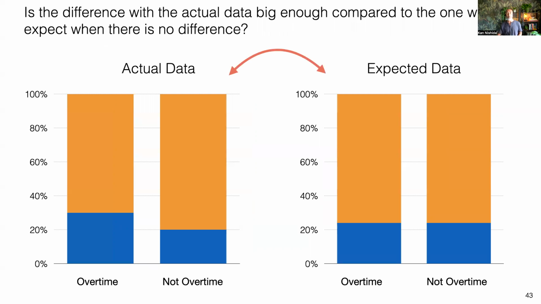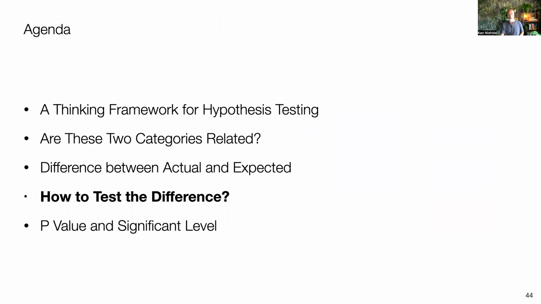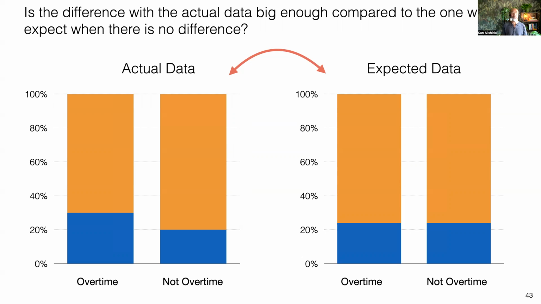So having said that, the left-hand side is what we got from this data. On the right-hand side, theoretically, if there's no relationship, we should see a chart like this. So the right-hand side is a kind of theorized world, or deduction world, and the left-hand side is the actual data, the one we have in the real world. We already know there's a difference in the actual data.